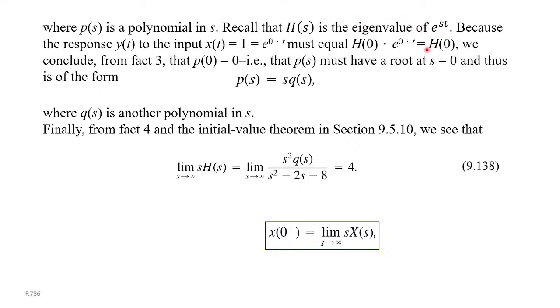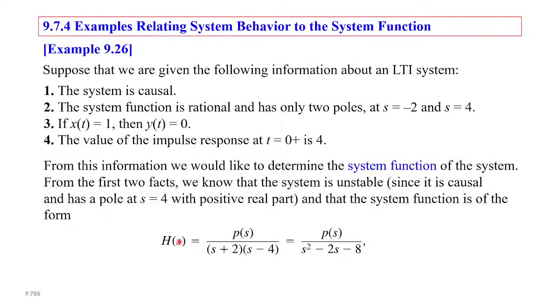So from there we know the eigenvalue should be H of 0. So H of 0 times this 1 should become 0, then H of 0 equals 0, and the denominator is not 0.